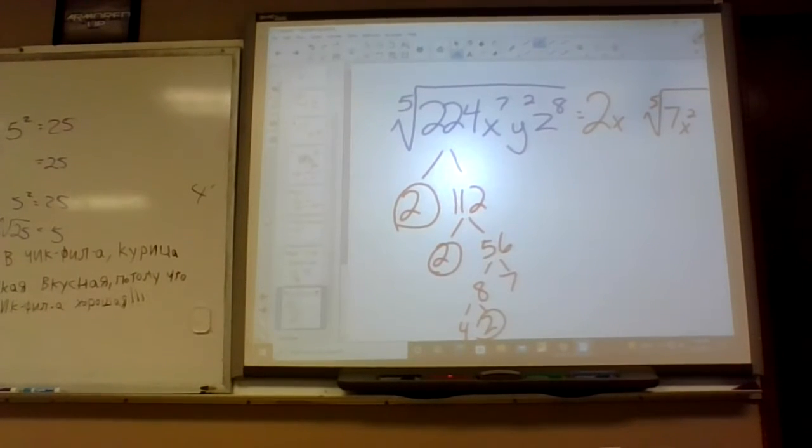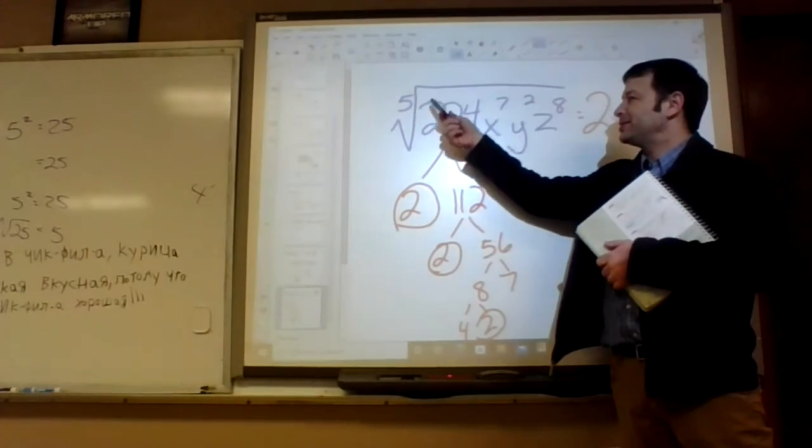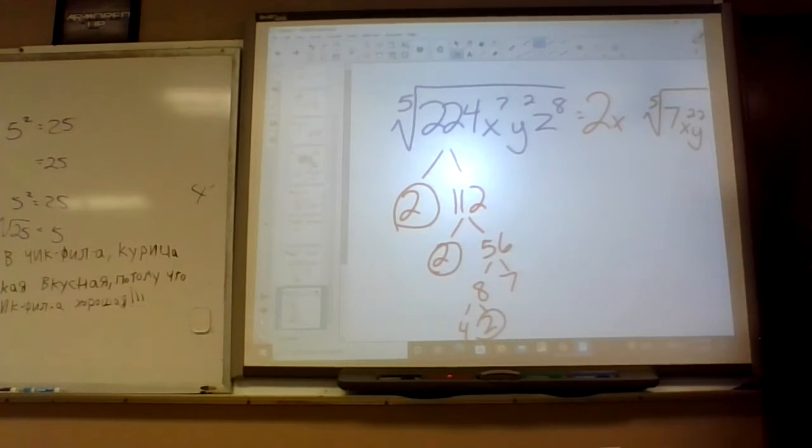Okay, and how about the y squared? What's 2 divided by 5? Well, 2/5, right? It doesn't really work with the y's. 2 divided by 5 doesn't simplify. So that's kind of what Cadence asked about earlier. If it doesn't simplify, just leave it alone. Put y squared in there.